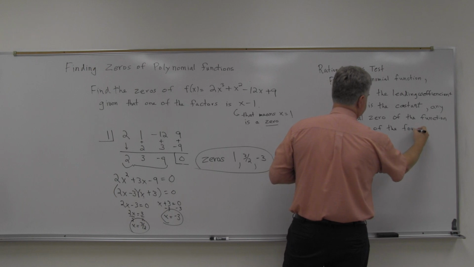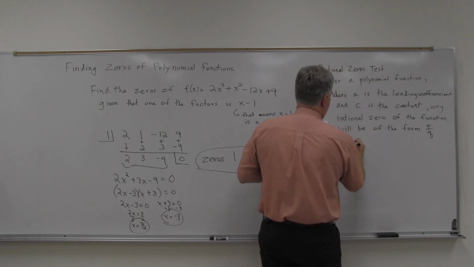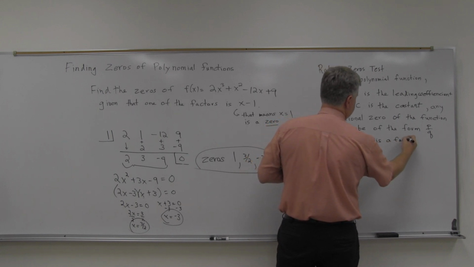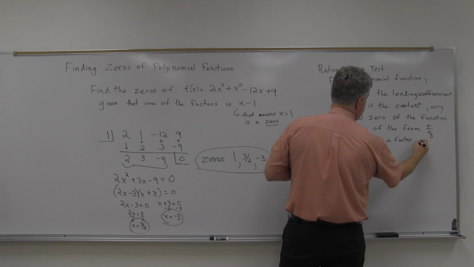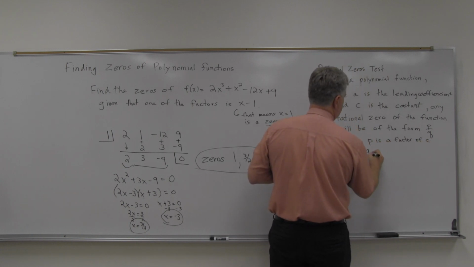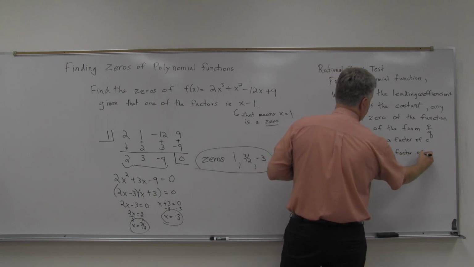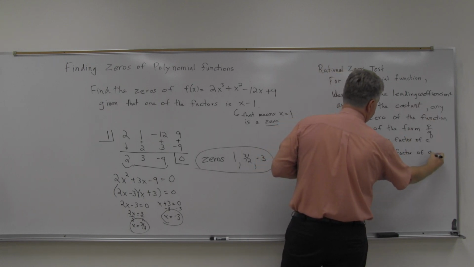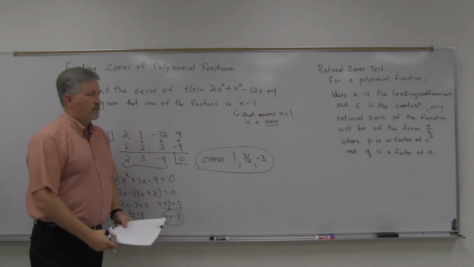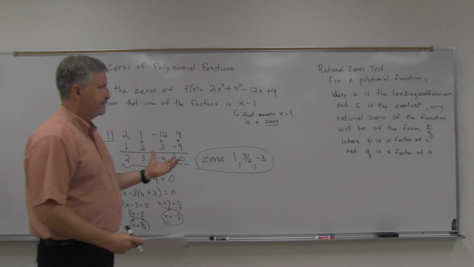P over Q, where P is a factor of C, the constant, and Q is a factor of A, the leading coefficient. Kind of wordy, isn't it? But here's what it amounts to.